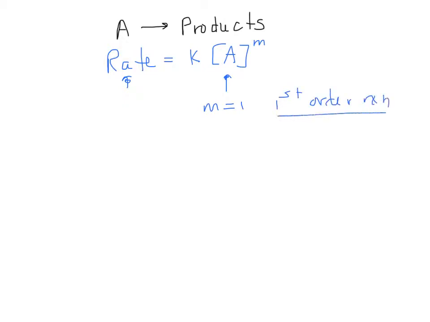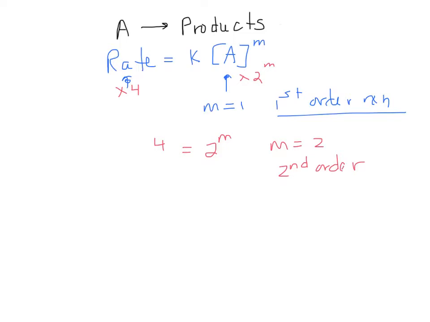When I say first order, I'm merely telling you the value of m. But what if, when I doubled the concentration of A, my rate was times 4? What's the value for m now? So 2 to what power equals 4? Well, in this case, m equals 2, and we say that it's second order. So for some reactions, when I double the concentration of the reactant, the rate doubles, but other times when I double the concentration of reactant, the rate quadruples.